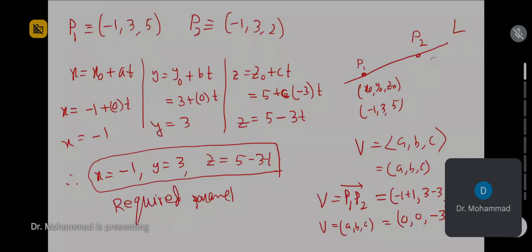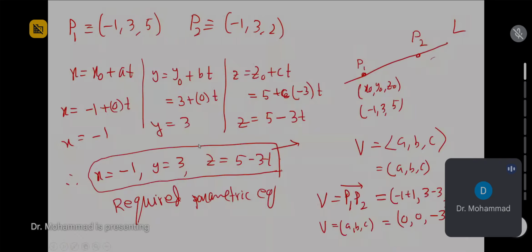Now you see the parameter t. If you set t arbitrarily, then we will get the points P1 and P2.